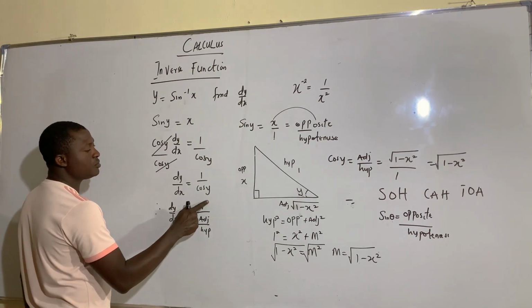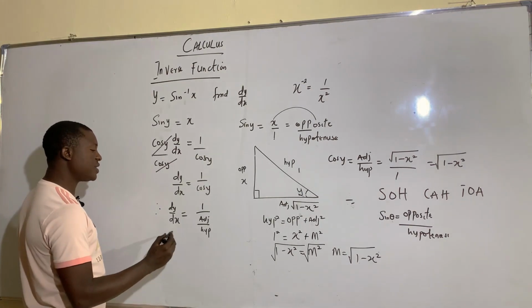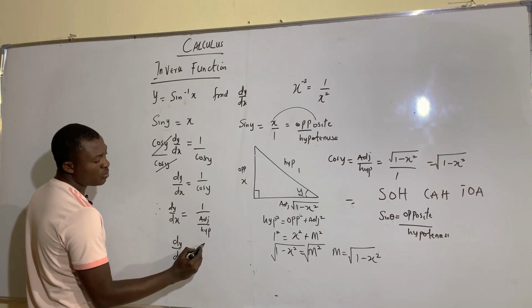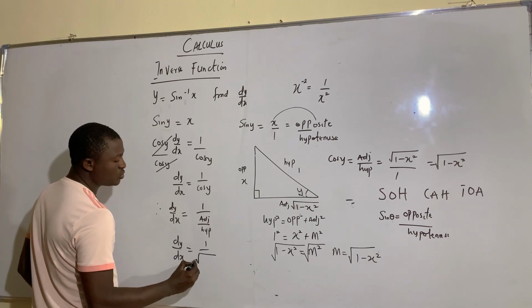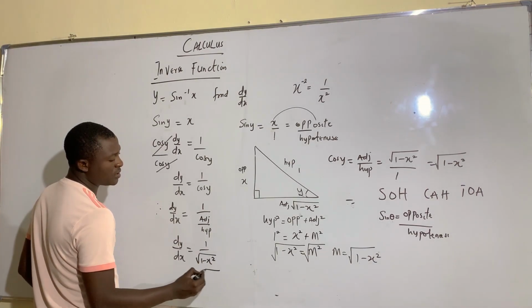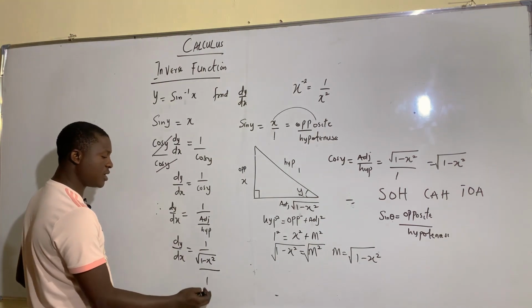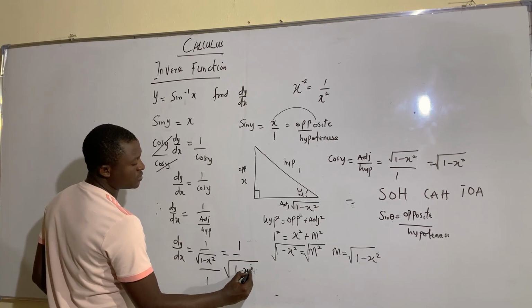Because in some cases, maybe we did not have 1 here. If you have any other value, we follow the same process. So here I can have dy dx is equal to 1 all over adjacent, which is root of 1 minus x squared, over hypotenuse, which from that shape is 1. So you can see we can apply the law of reciprocal here. This is nothing but 1 over square root of 1 minus x squared.